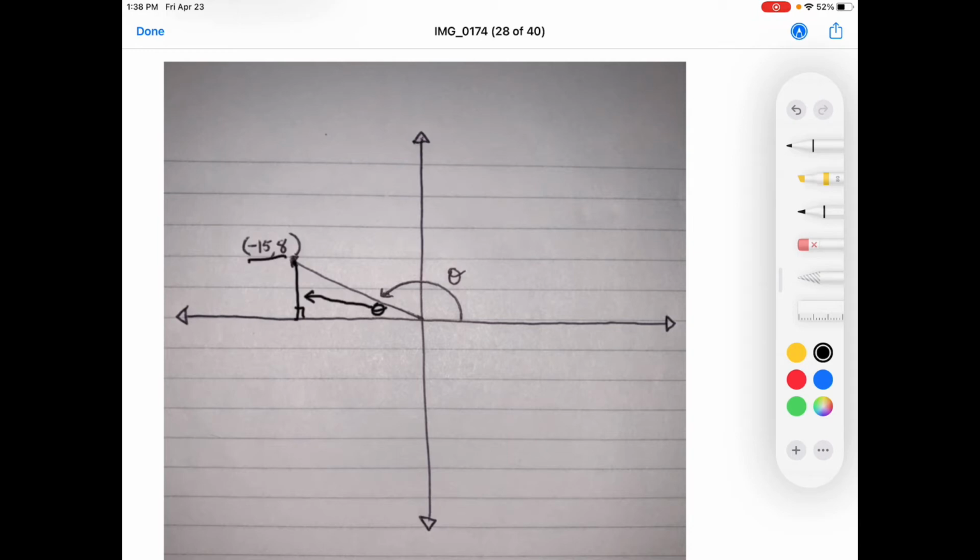So my x is negative 15, my y is 8. And this is a triple, 8, 15, 17 is my hypotenuse. So let's now find sine of theta, which is opposite over hypotenuse, 8 over 17.